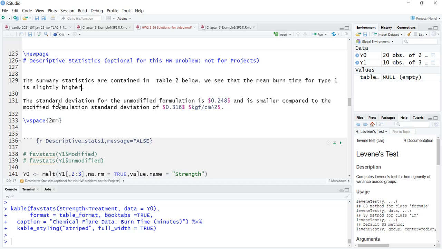And here I'm going to put parentheses, and then I'm going to say 70.4 minutes, compared to type 2, and that'll be 70.2 minutes.